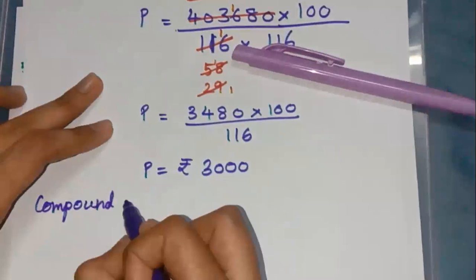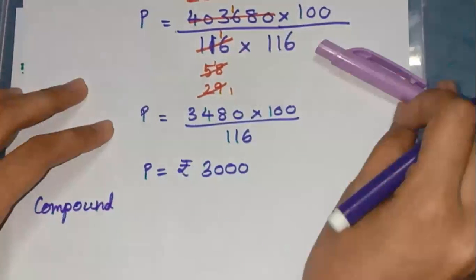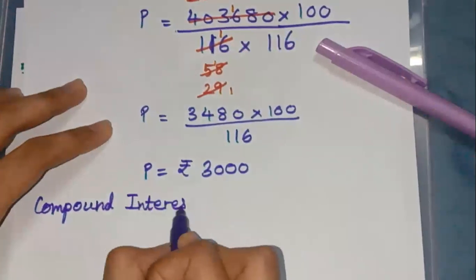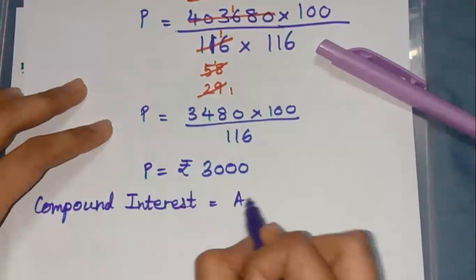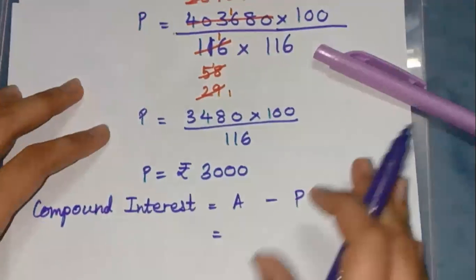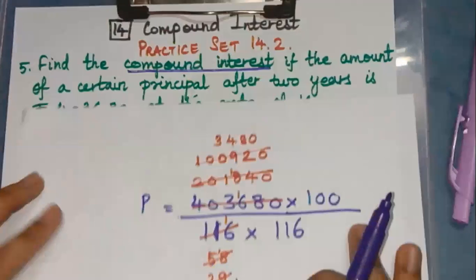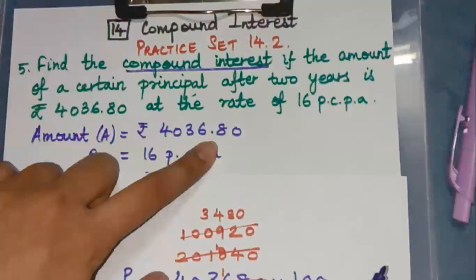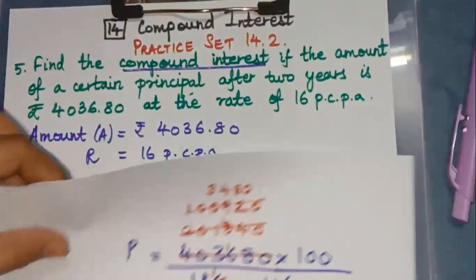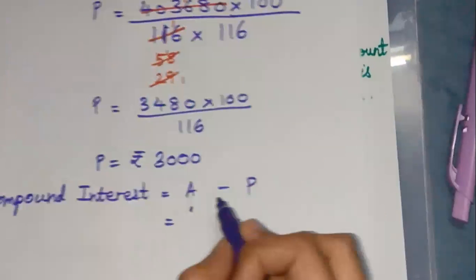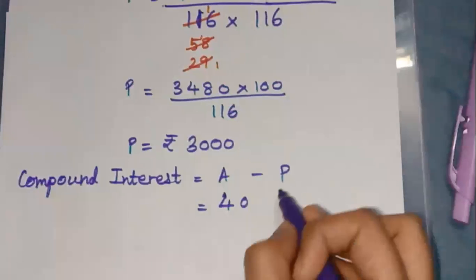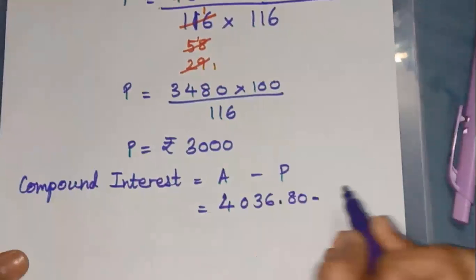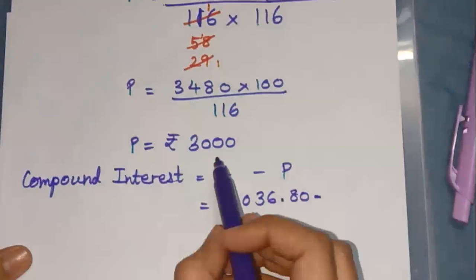Compound interest is equal to amount minus principal. So the question gave you the amount, which was 4036.80. So we are going to write that: 4036.80 minus, what is the principal? 3000.